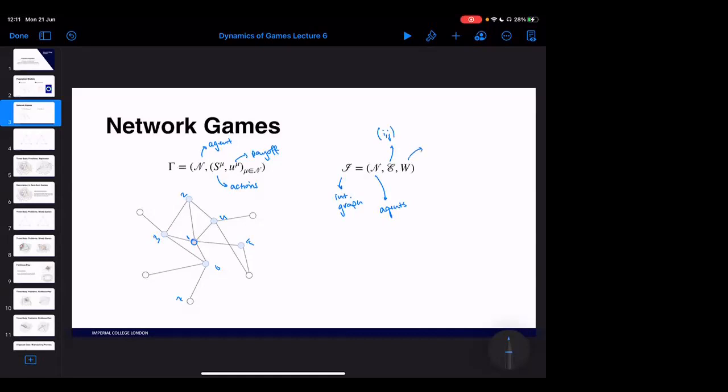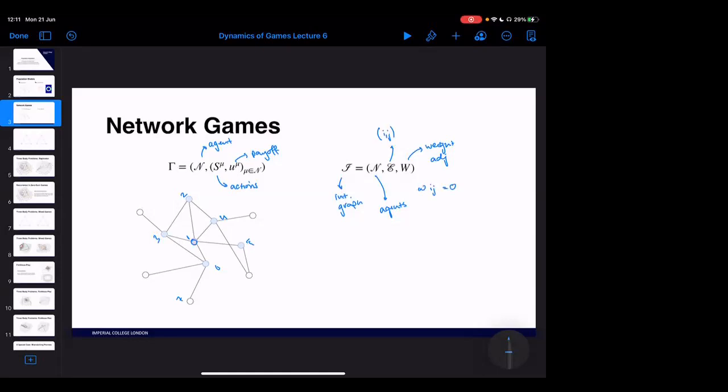And finally, we have a weighted adjacency matrix. What this essentially encodes is a matrix with zeros along all elements where the agents aren't connected to one another. So if i and j are not connected, then w_ij is going to equal 0.